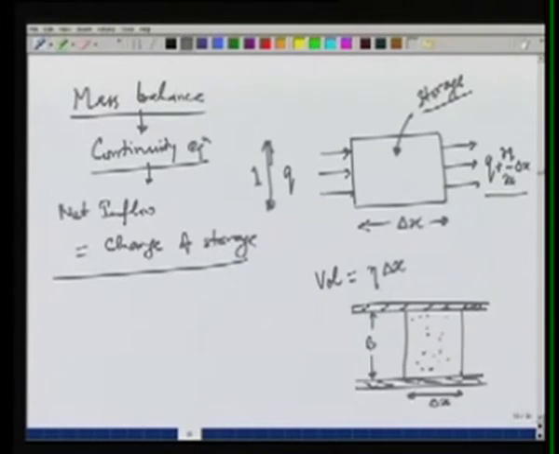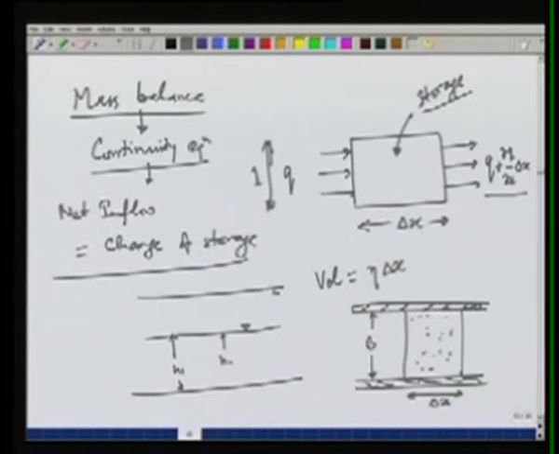Since there is no change in the volume, you can compare this case with an unconfined aquifer, in which case, suppose you are pumping water from this aquifer, with time the water level will go down, or in case you have a well here, it may go down like this, but the area or the volume is changing with time.